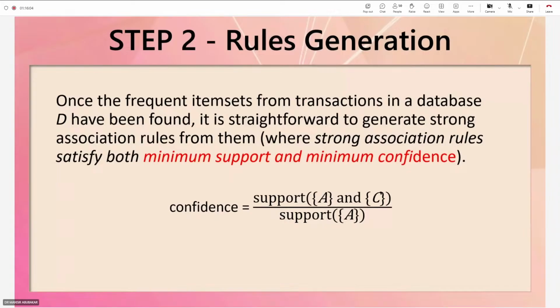If the association does not satisfy the minimum confidence, say 70%, for example, and after calculating the confidence you see that it is less than 70%, then you say the association is not strong in this case, because when we calculate the lift or the correlation, it's going to be less than 1.